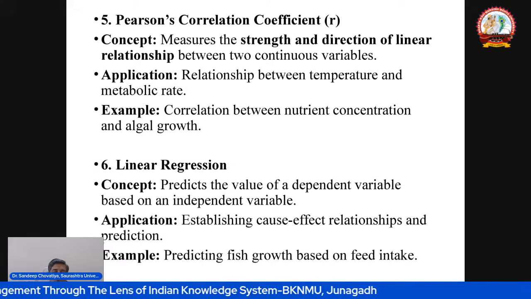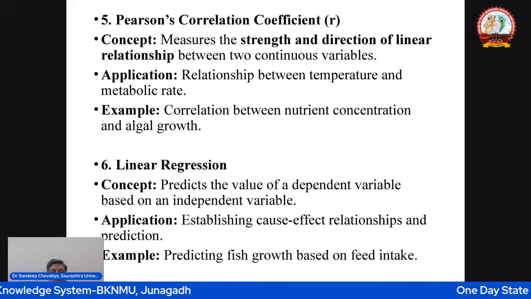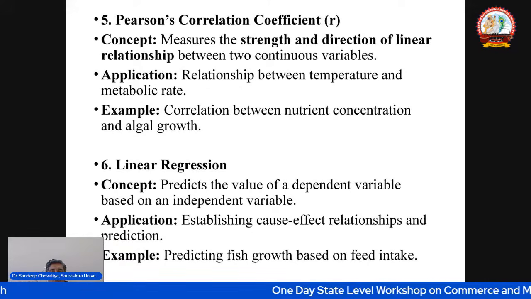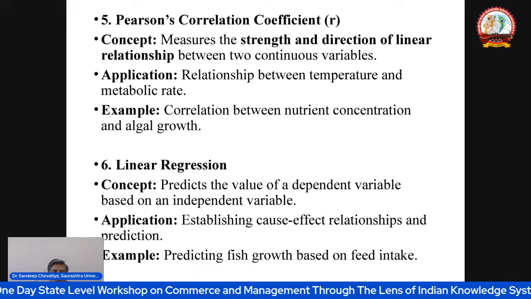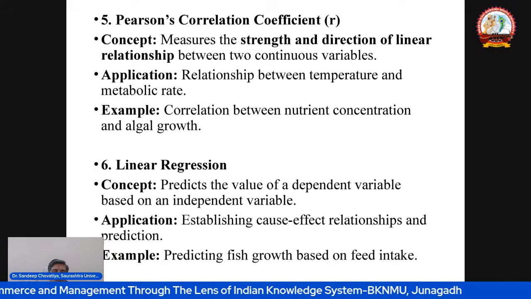If we have data on rainfall and crop production, we can directly correlate them with the correlation coefficient, shortly known as r.